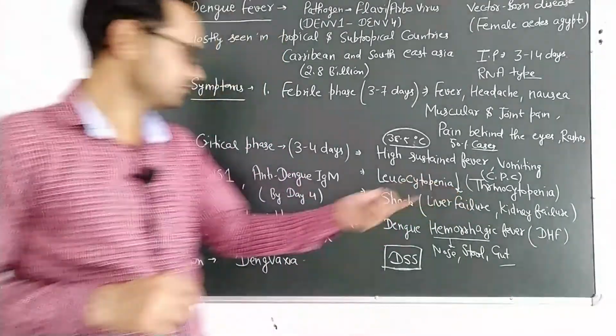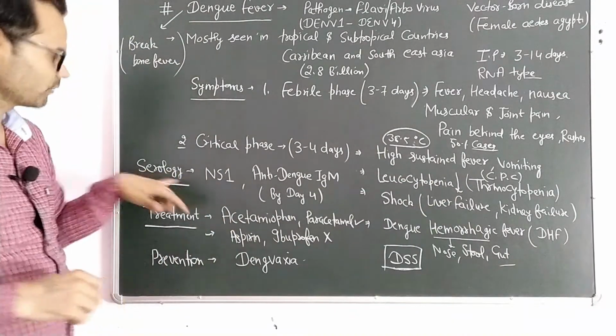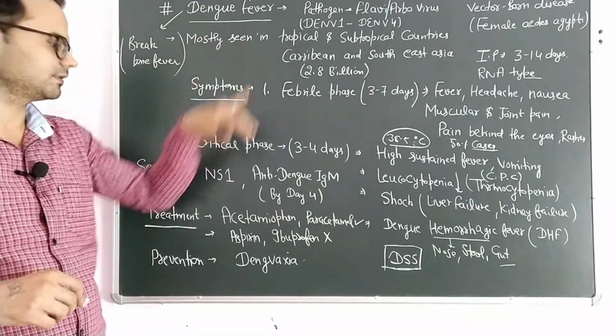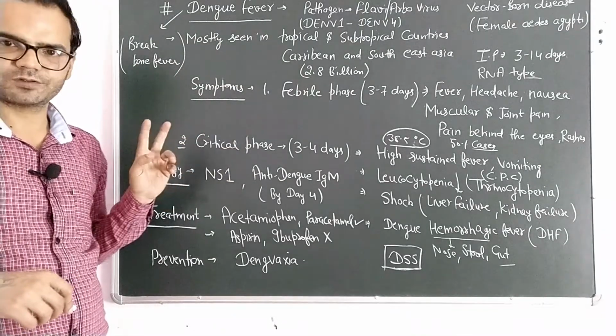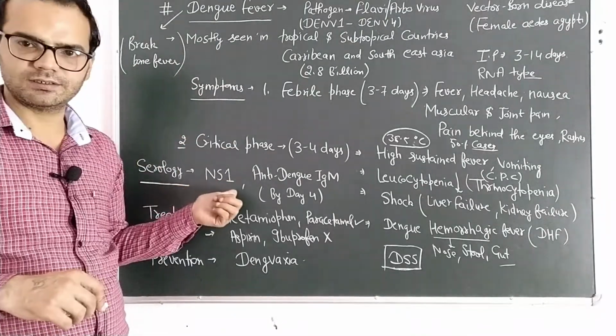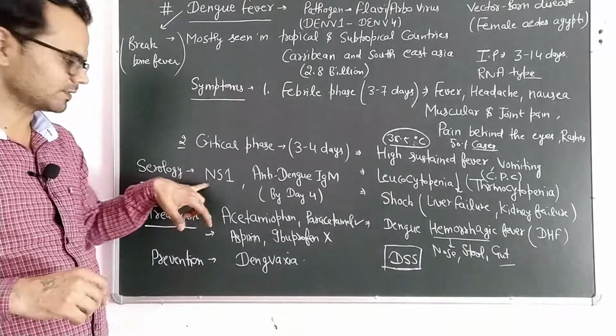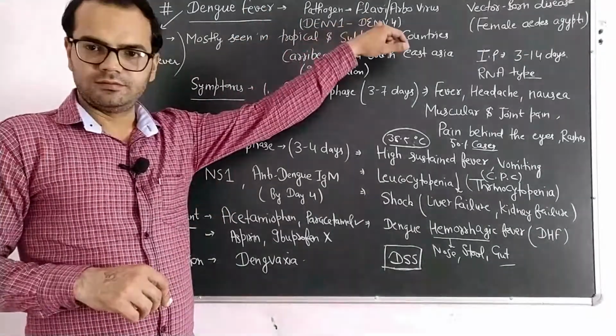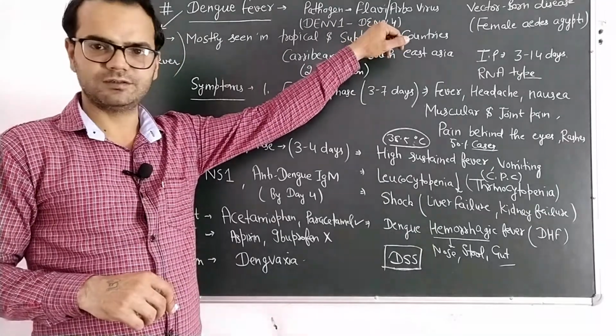And treatment, first is serology. How is dengue fever detected, how is the virus detected? The virus is detected by two tests. First is NS1. NS1 means non-structural antigen produced by flavivirus or arbovirus.